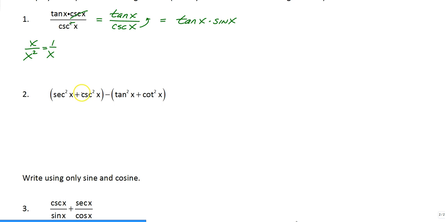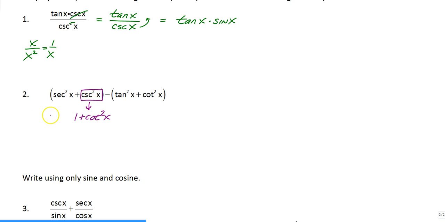So one of the things, if you remember in the sheet above, cosecant squared is one of your Pythagorean identities. Cosecant squared can be simplified to 1 plus cotangent squared x.